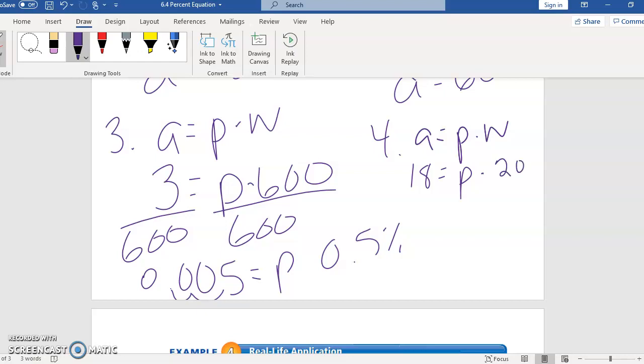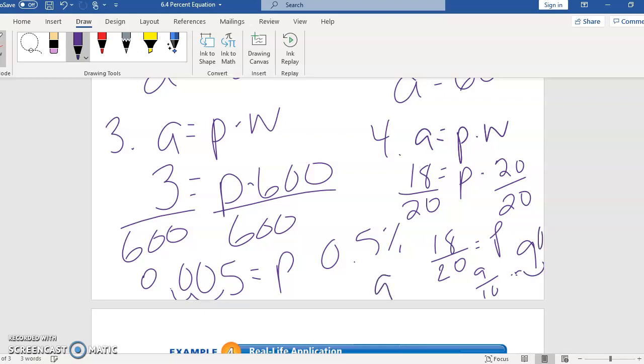So if I divide both sides by 20, I get 18 divided by 20 equals P, but I could reduce that, right? That's 9/10. So that would be 0.9. And then to change that to a percent, I move the decimal point over 2 spots. So it would be 90%. P equals 90%.